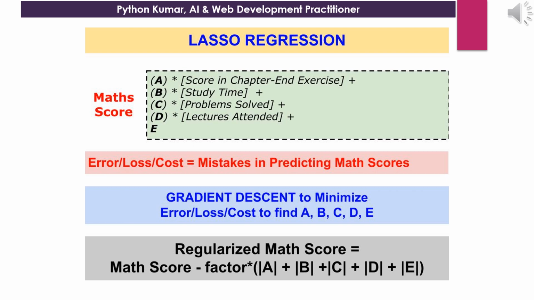Based on this calculation, I calculate the math score based on this formula, and based on the math score I obtain, I find out some kind of error or loss, that is the mistakes I make in predicting the math score. After I get the error or loss or cost, I do some kind of gradient descent to minimize the loss.